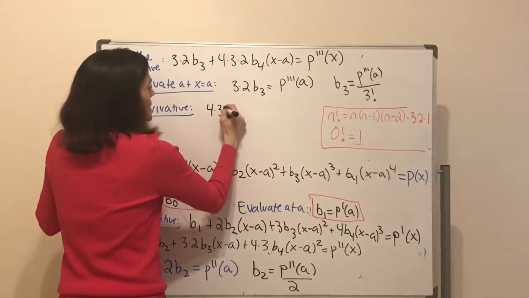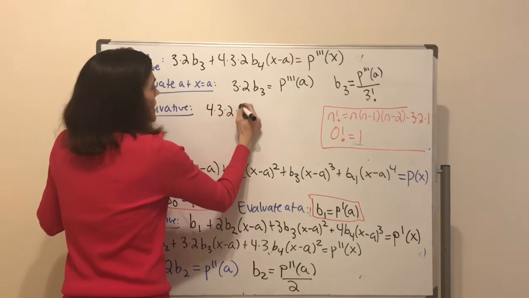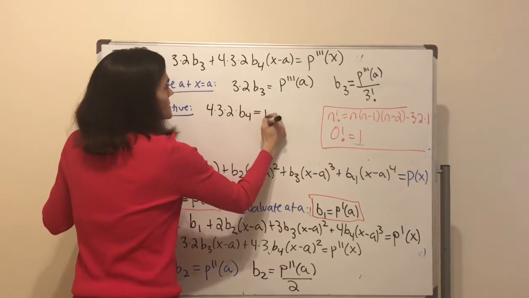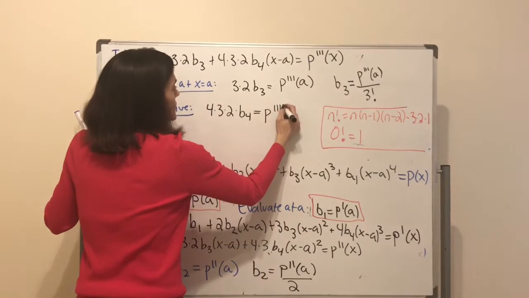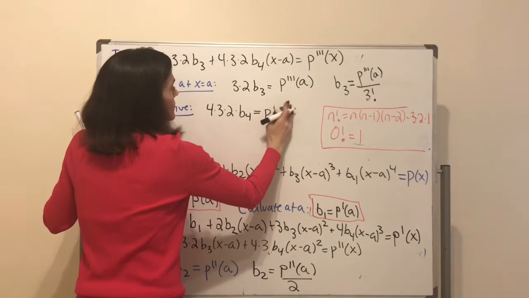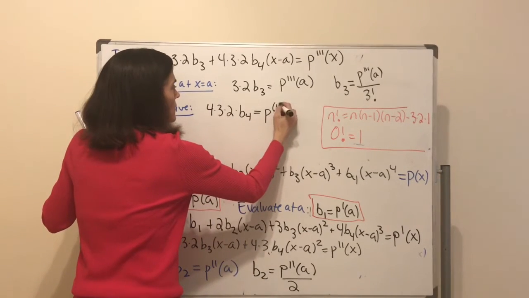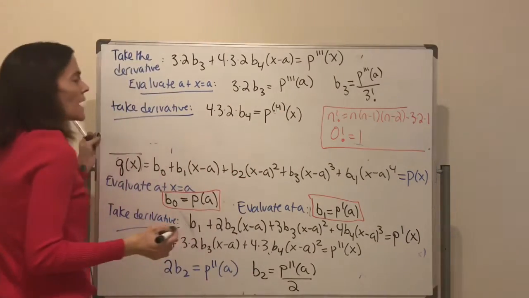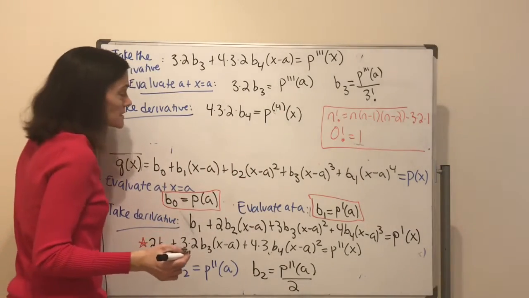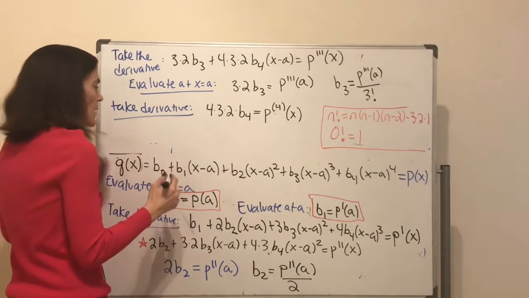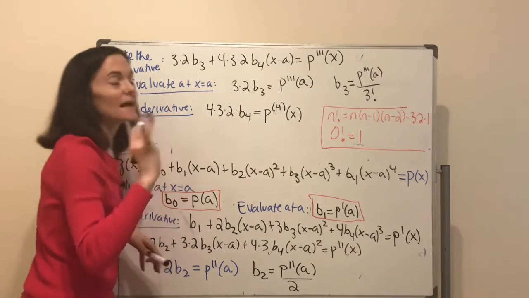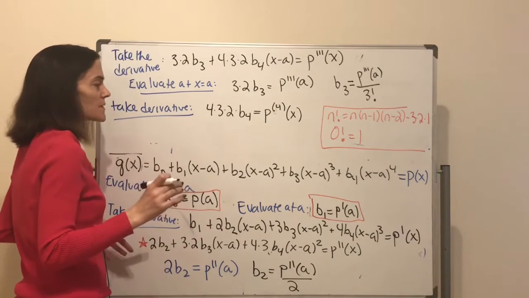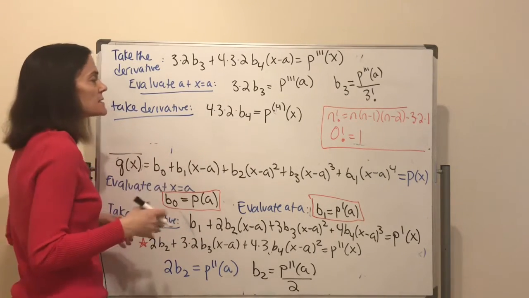And we get 4 times 3 times 2 times B4 is P, the fourth derivative, at x. Well, this is a constant, but I will just say evaluate at A, because really we're going to be working with things that are higher degrees.